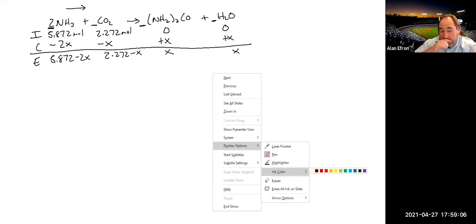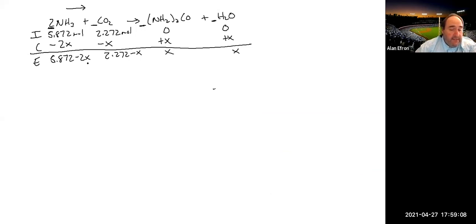Okay, at this point, what we want to do is simply set each of the reactants equal to 0. The idea there is we're going to see how much we can use up, basically. So if I set this equal to 0, we essentially get 5.872 is equal to 2x, which means x would equal 5.872 divided by 2, basically 2.936 moles.